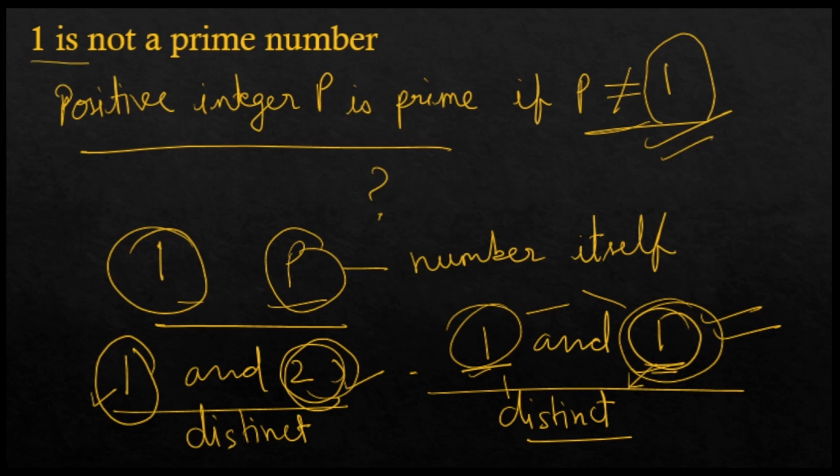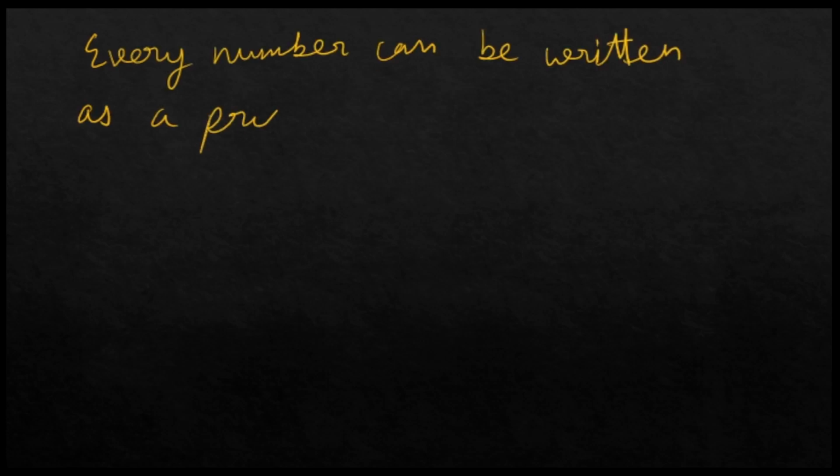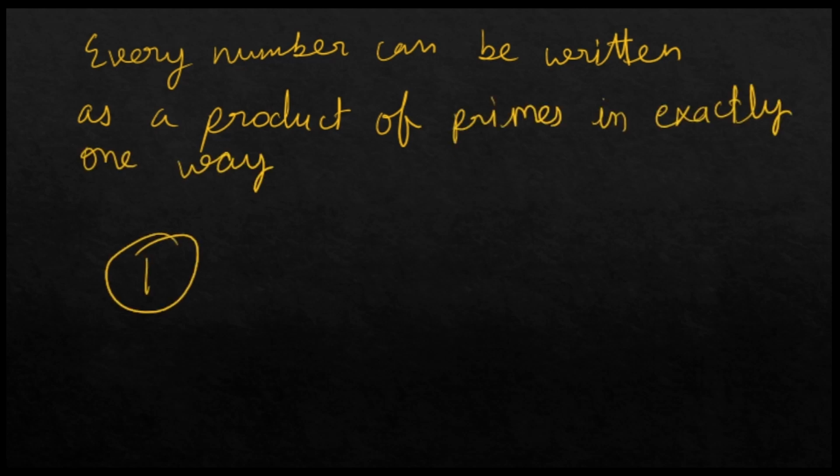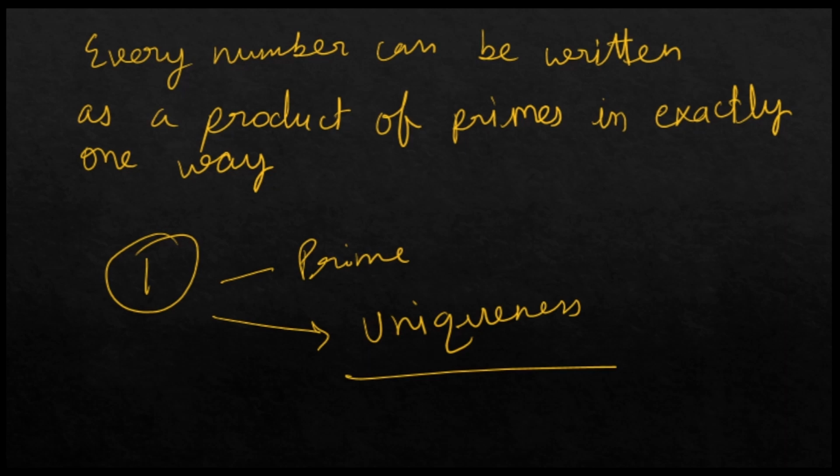So we say 1 is not a prime number. Let's discuss it further with the fundamental theorem of arithmetic, which states that every number can be written as a product of primes in exactly one way. If we take 1 to be prime, then we lose that uniqueness, that standard form. Hence 1 is not a prime.